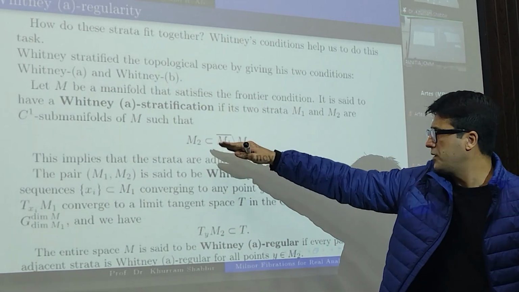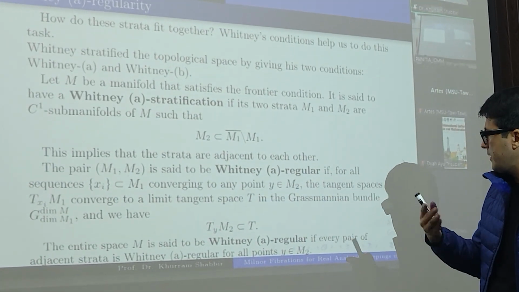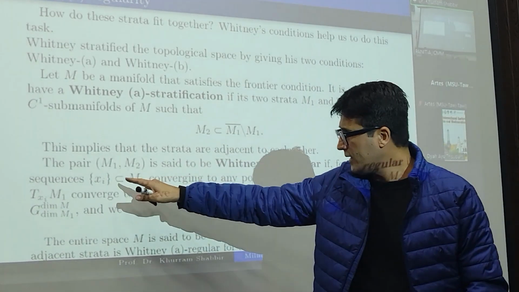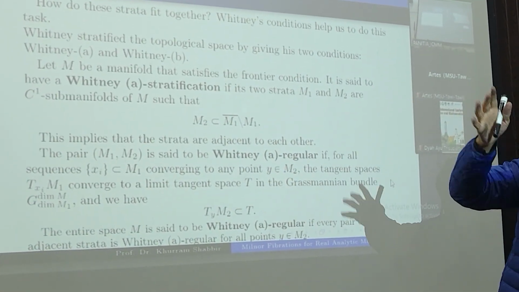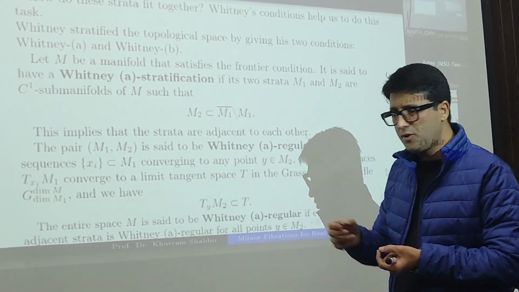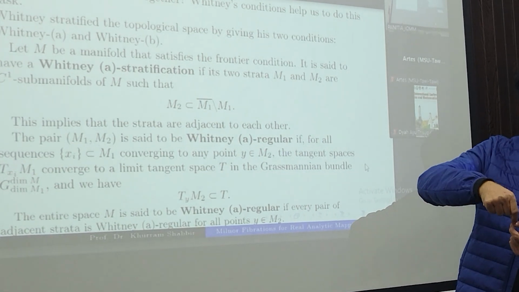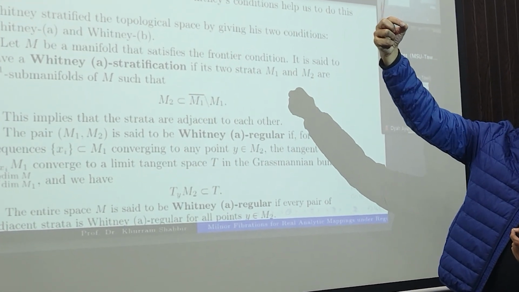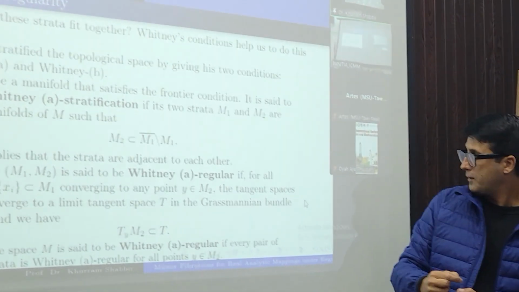This is of course the condition of strata. And if you look here, what is a regularity? If I take a sequence in M1, you take any sequence in stratum M1 that converges to a point in that singular stratum. You take a point on a singular stratum and then you consider a sequence, all the sequence converges to that stratum, right?